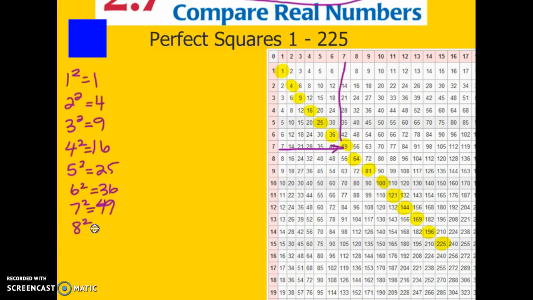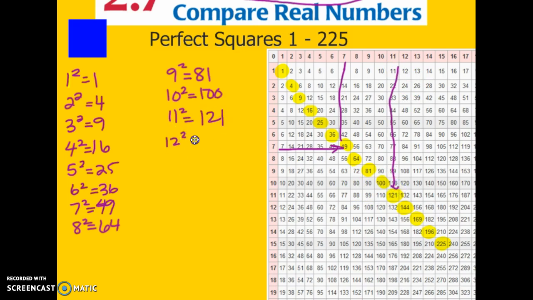8 times 8 is 64. Then we're going to go 9 times 9. 9 squared is 81. 10 squared, 10 times 10 is 100. 11 squared, this is where it gets tricky if you need to use your multiplication table. 11 squared is 121. 12 squared, same.